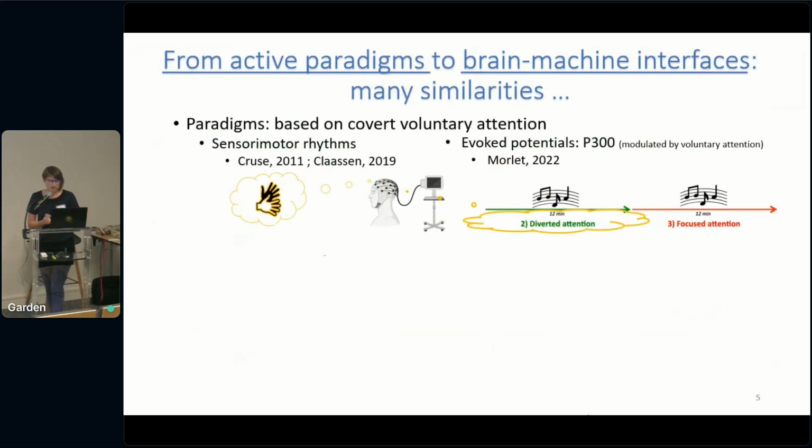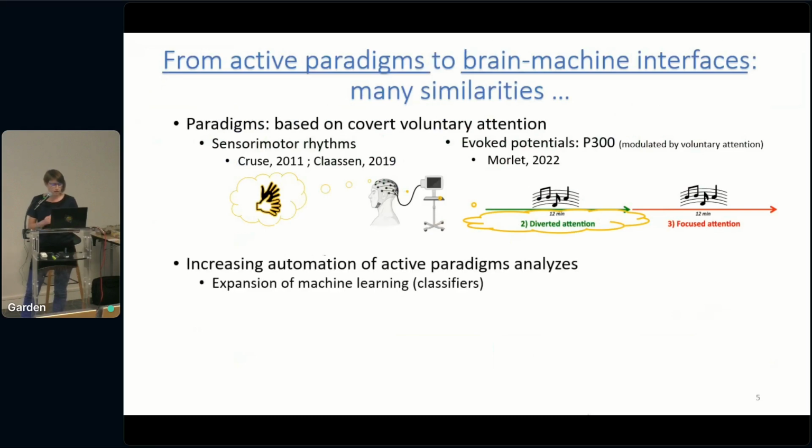So there are many similarities between active paradigm and brain-computer interfaces. We use sensory motor rhythm in both cases. We use evoked potential, P300. We modulate them by attention, both in BCI and active paradigm.